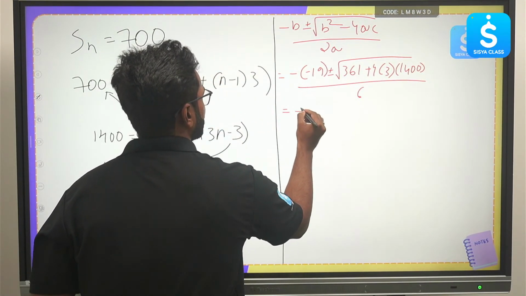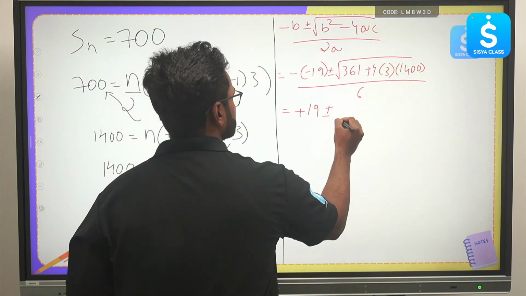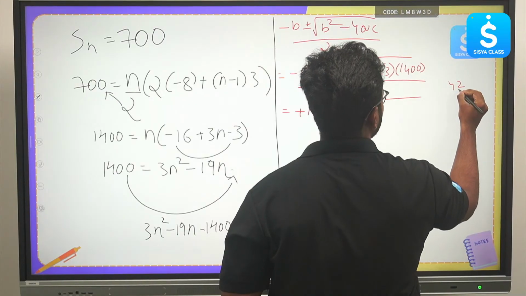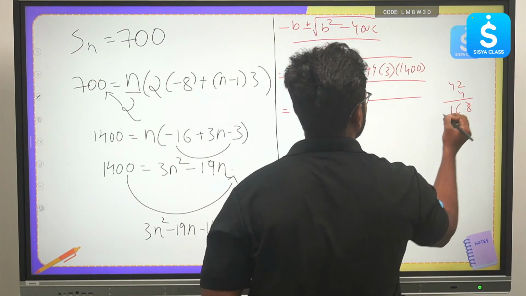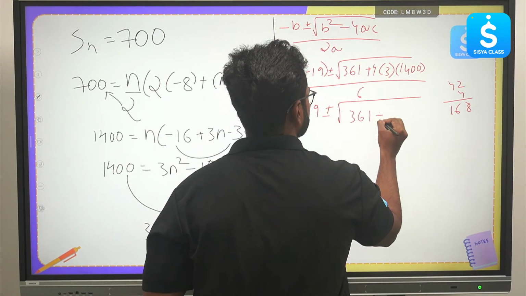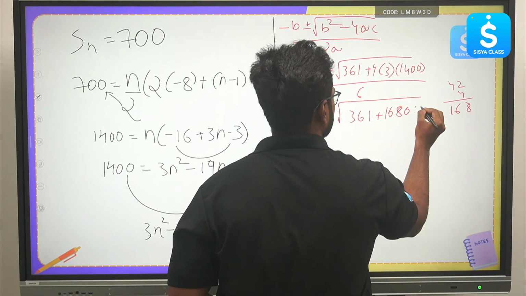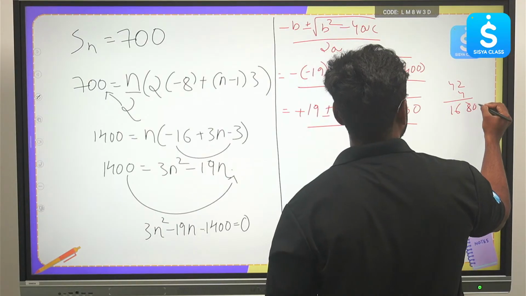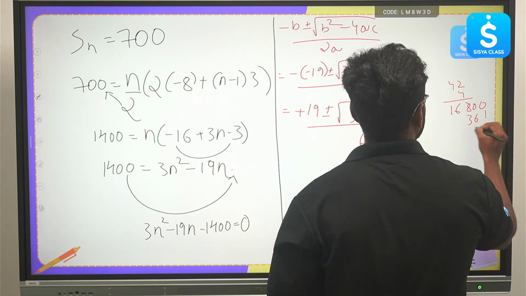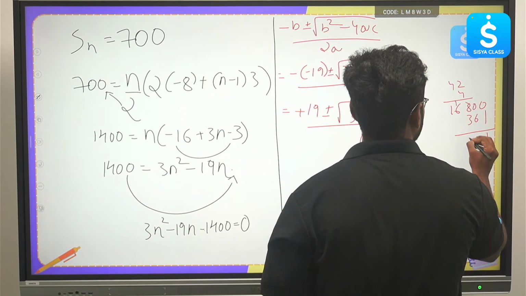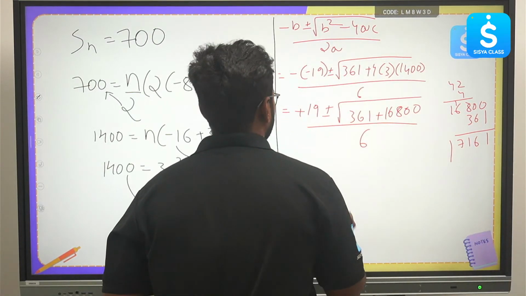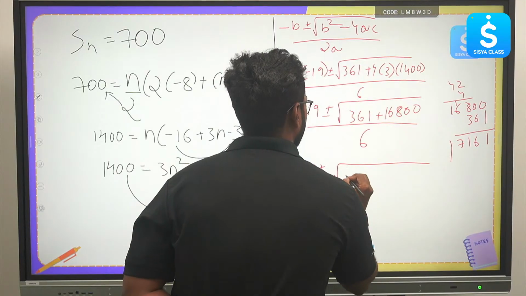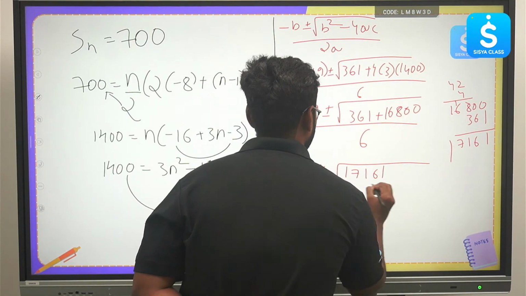This should be plus 19 plus or minus root over 361 plus 16800, by 6. Let us add 361 to this. It is 17161. So 19 plus or minus root over 17161 by 6.